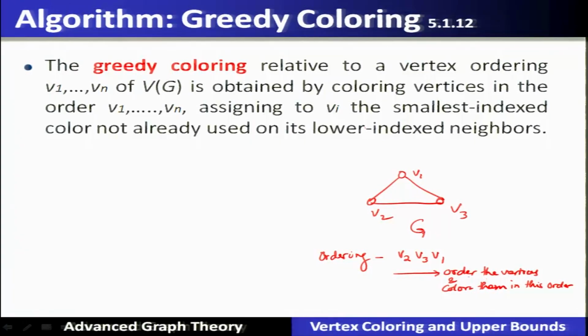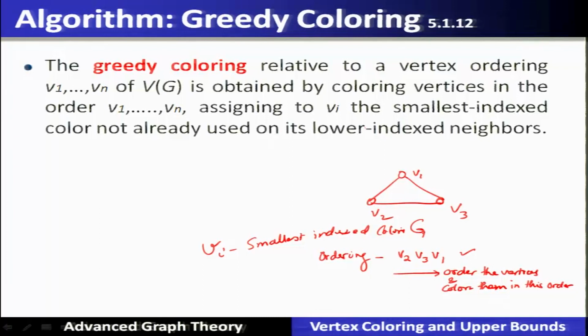First we have to order the vertices and then we will be coloring them in the same order. So, we have obtained a particular order. Now, according to the greedy coloring algorithm, we will assign to Vi the smallest indexed color.